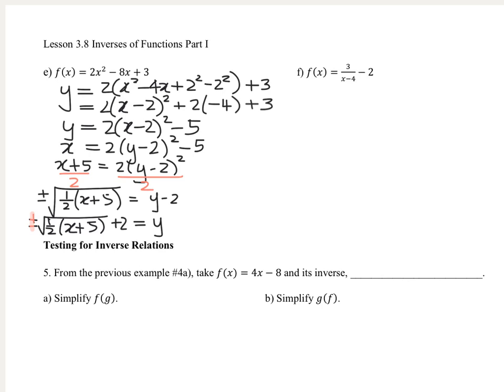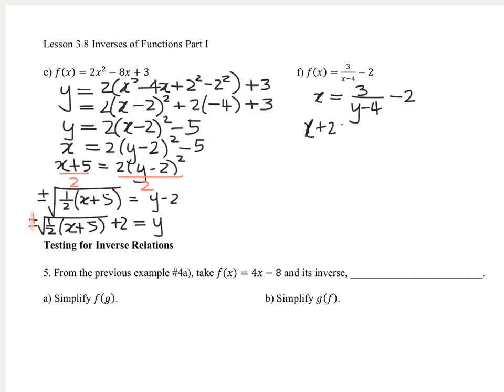Okay. And the last example here, we have x is equal to 3 over y minus 4, minus 2. So in order to get this y minus 4 isolated, which is our ultimate goal here, the first thing we're going to do is move that minus 2 to the other side by addition.